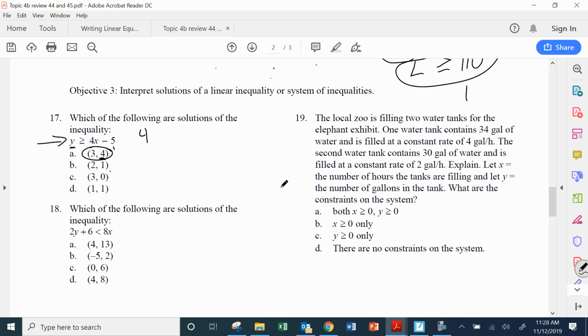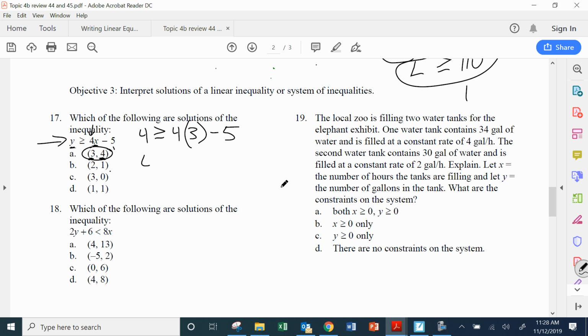Then that's got to be greater than or equal to, which just comes straight from the equation. Now I replace x with 3, taking this value and replacing it for x right there. And then minus 5, which just comes from the rest of the equation.